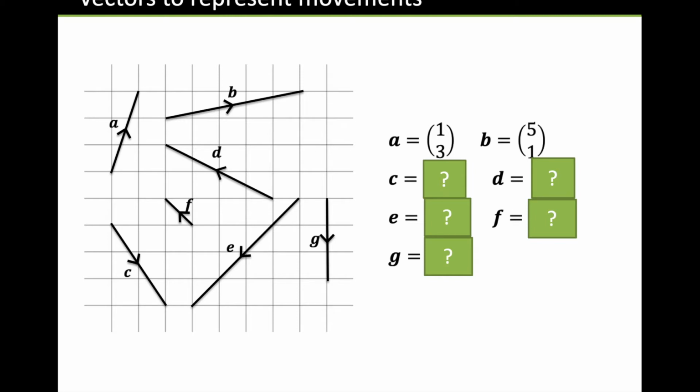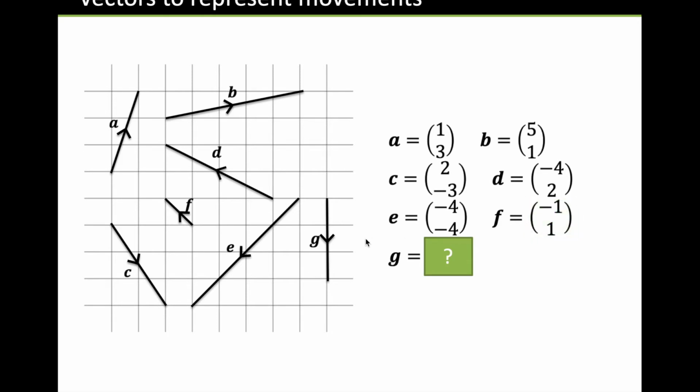Similarly to vector C. Vector C consists of 2 units to the right, and 1, 2, 3 units down, so that has to be negative. So 2, negative 3. Same thing goes for vector D, vector E, and also vector F. Vector F means 1 unit to the left, 1 unit up, so negative 1, 1.